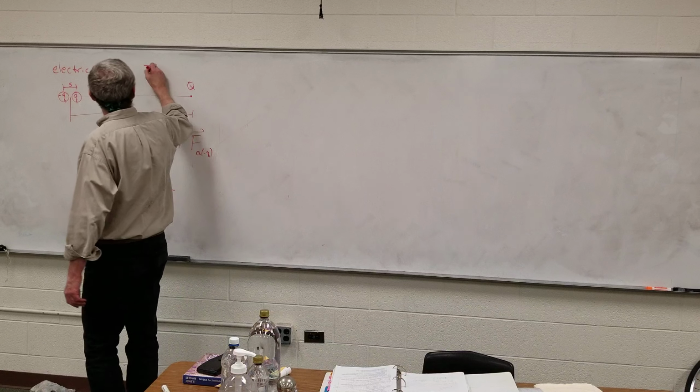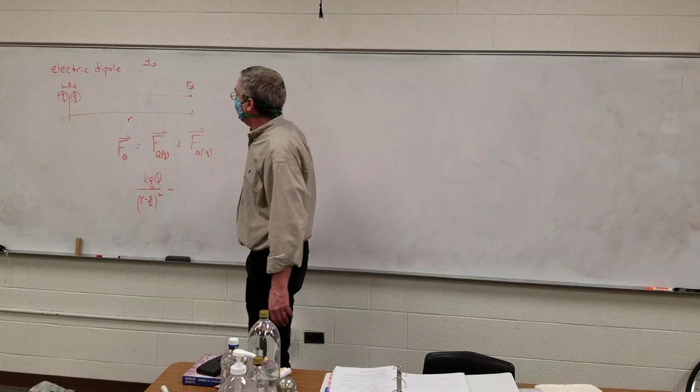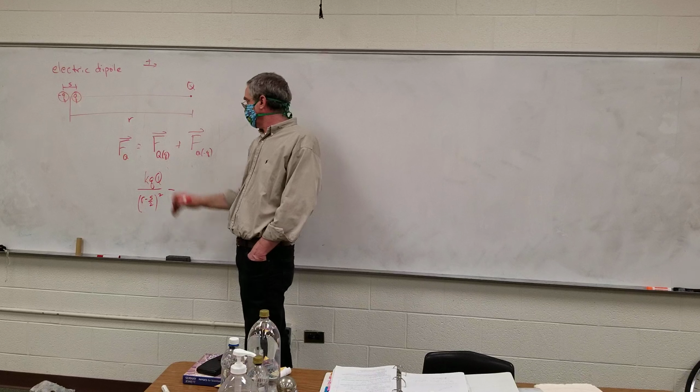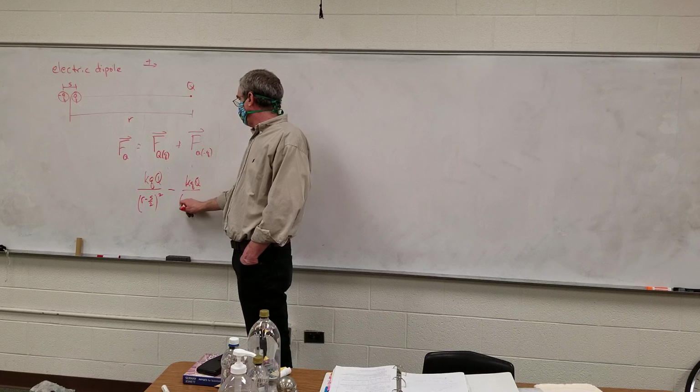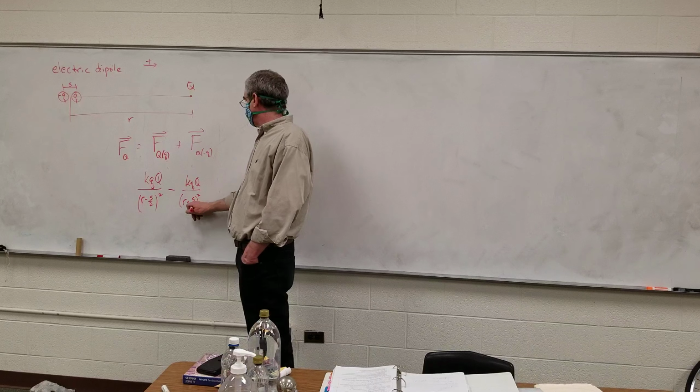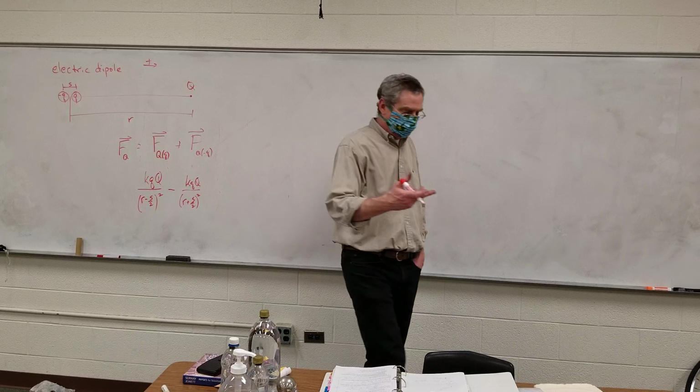What do we make the positive direction, to the right? Minus the one that's going to attract it: K little q, big Q over R plus S over 2, squared. This is just K Q1 Q2 over R squared.